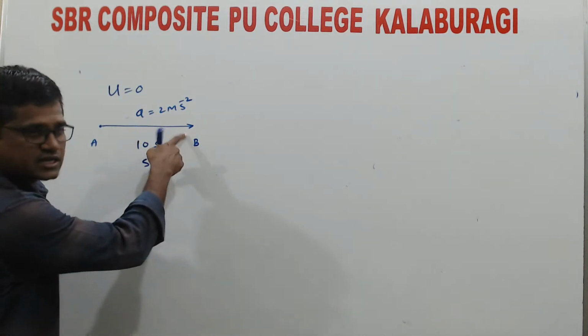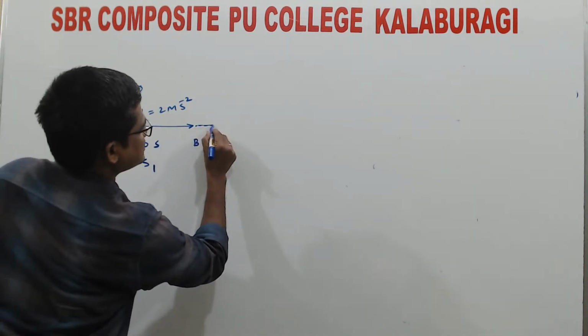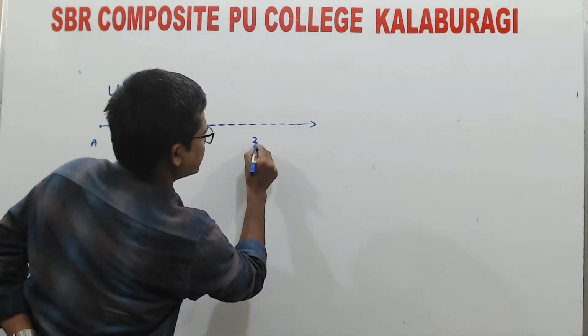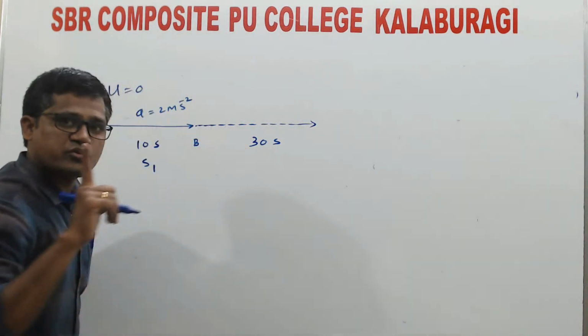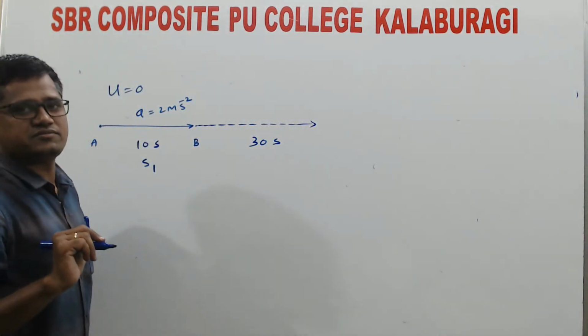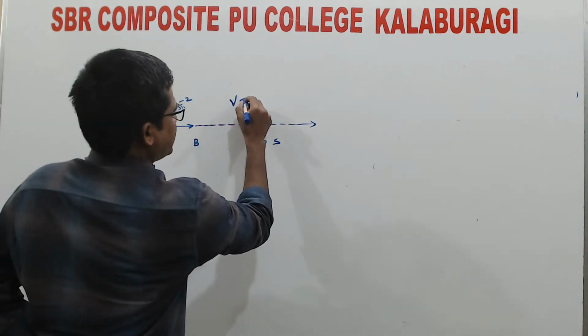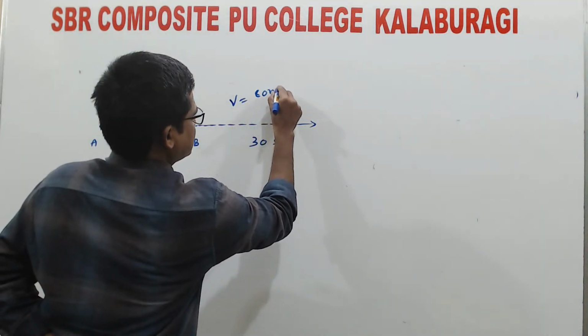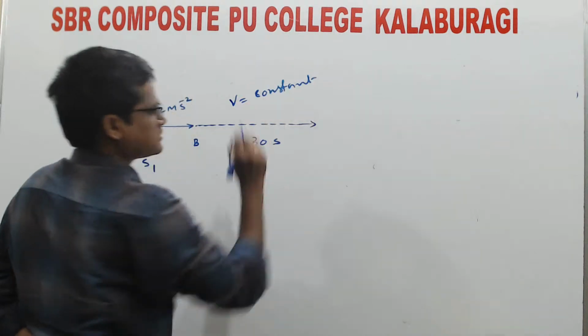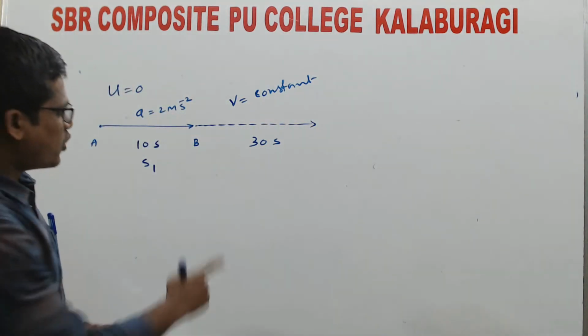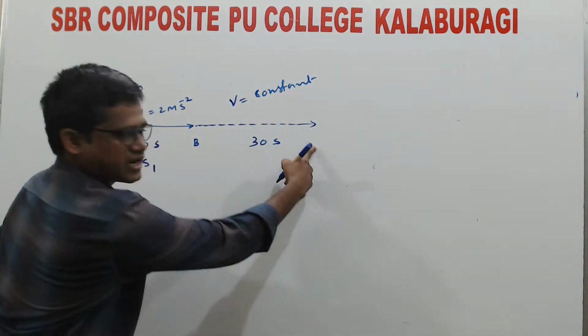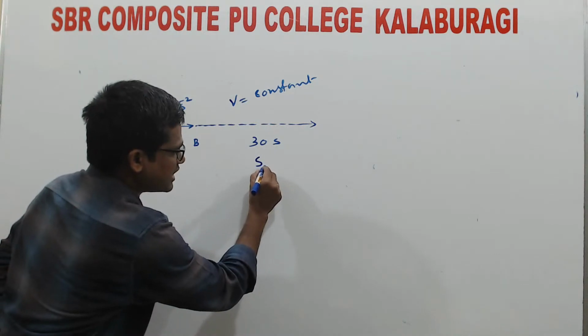After 10 seconds, for the next 30 seconds, it is going with constant speed. Here the speed is what? Constant. Whatever distance is covered during 30 seconds, let me call S2.